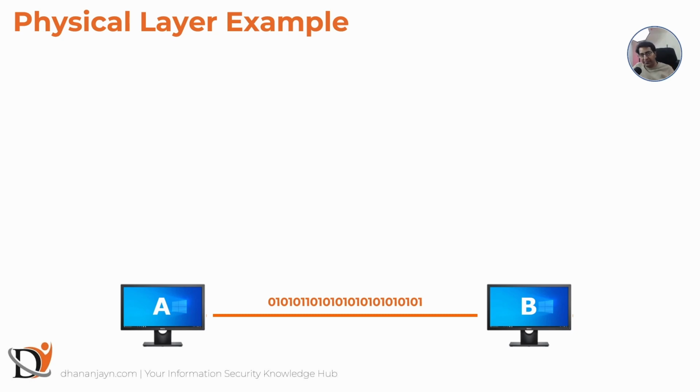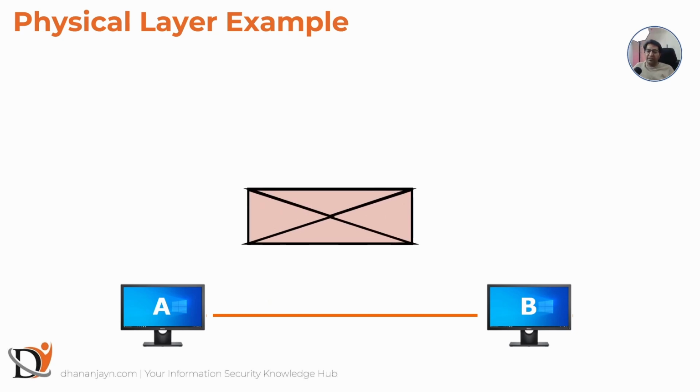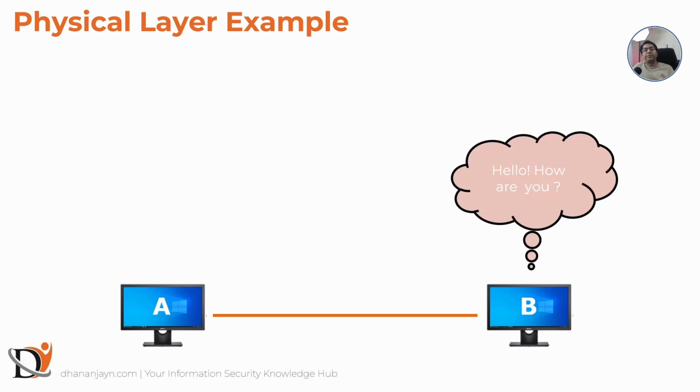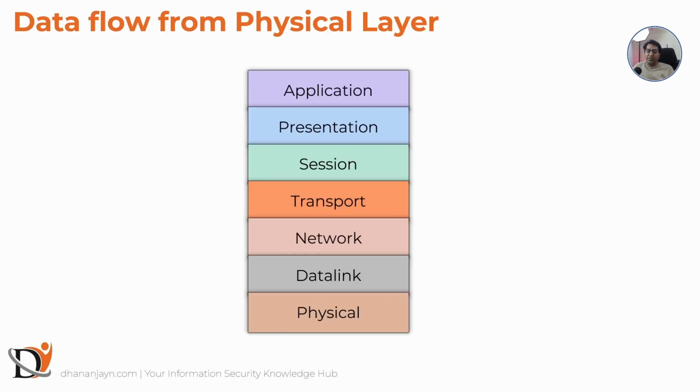If it is Ethernet communication, it is electrical signals; if it is a fiber optic communication, data will be in the form of light. So the destination receives it and takes out the frame. So that is how the physical layer works.